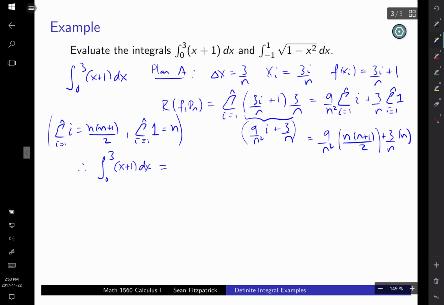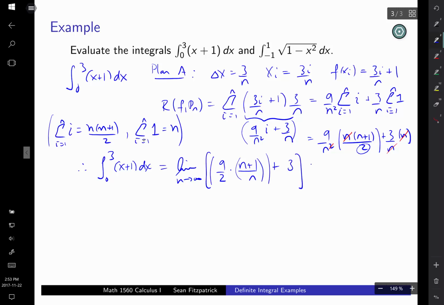Okay, so that seems to suggest that my integral should be the limit as n goes to infinity of, and let's clean things up a little bit here. I can cancel those, I can cancel those, and so I get the limit as n goes to infinity of 9 over 2, this 2 here, and then I have n plus 1 over n, and then I have 3.